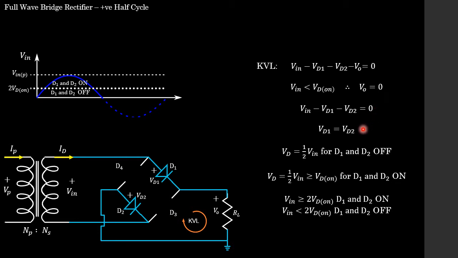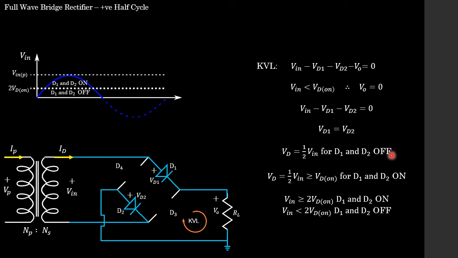And students, we also know that the diode voltages are equal because we're using the same diodes. So after we substitute in the output voltage equal to 0, and VD1 equals VD2, we end up with this expression over here, which says that our diode voltage is equal to a half multiplied by our input voltage for diode 1 and diode 2 off.